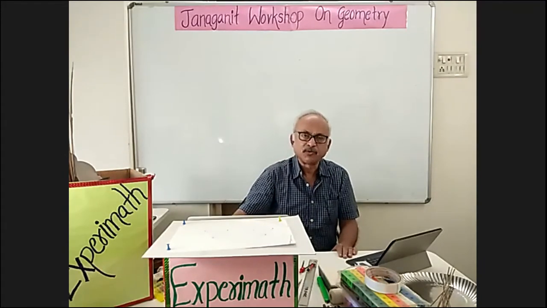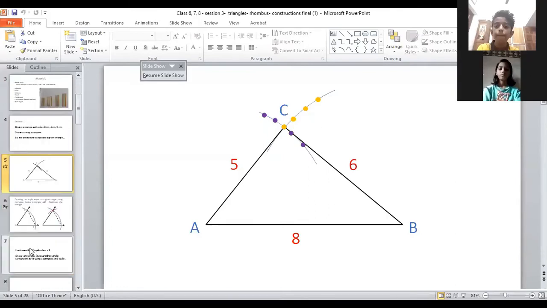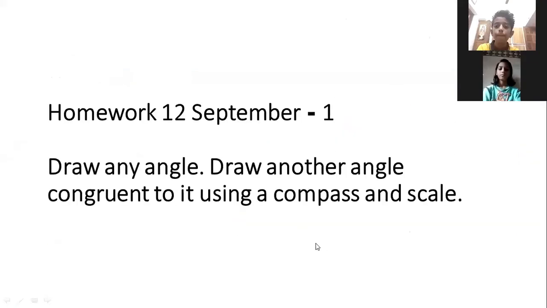The homework problem is to do the same thing we have done just a little while back, which is to draw any angle and make another angle congruent to it using a compass and a scale. Okay, that's your homework. Now let's proceed. Next slide, slide number 8.